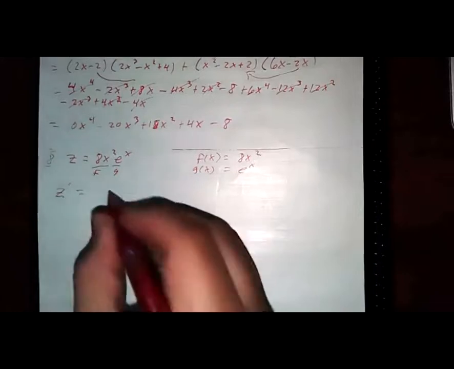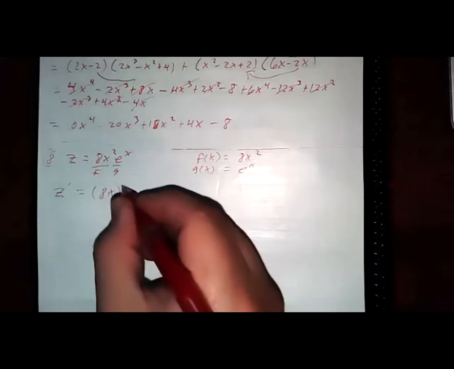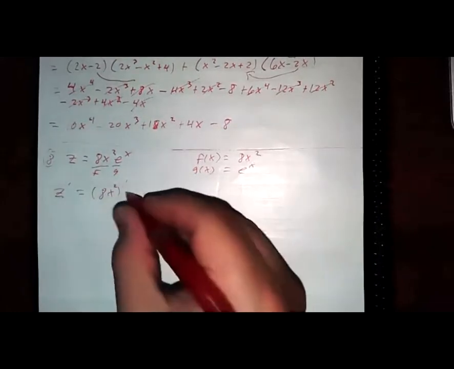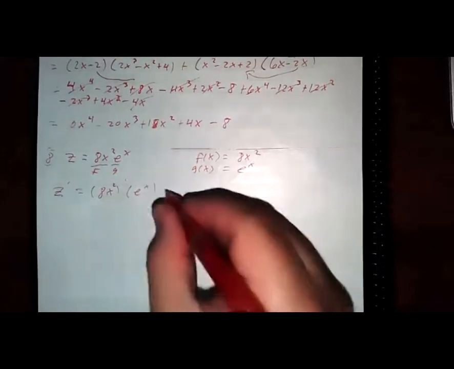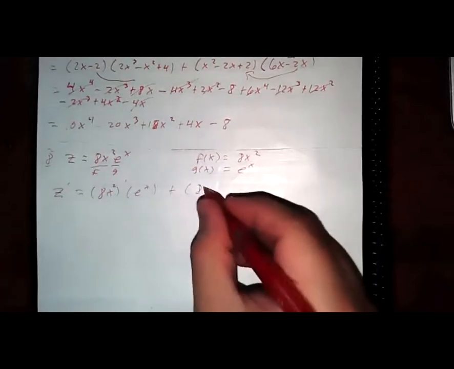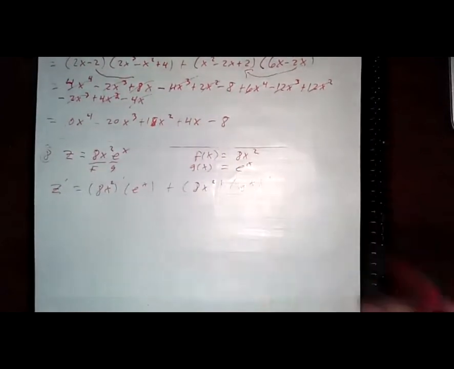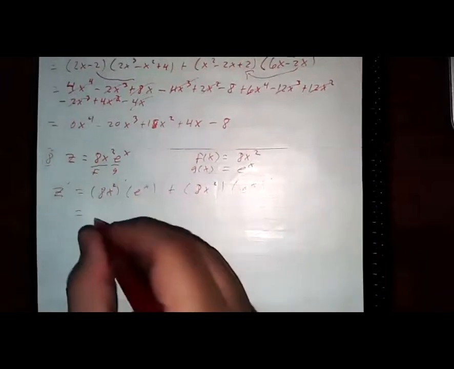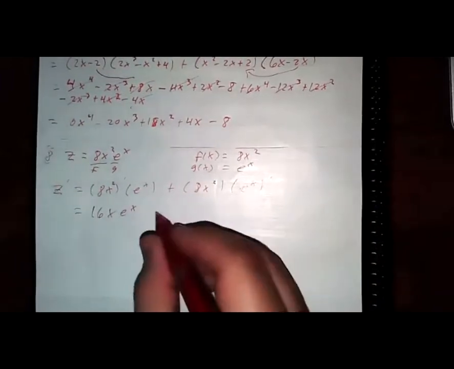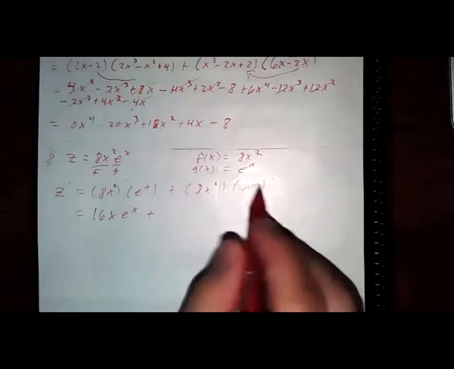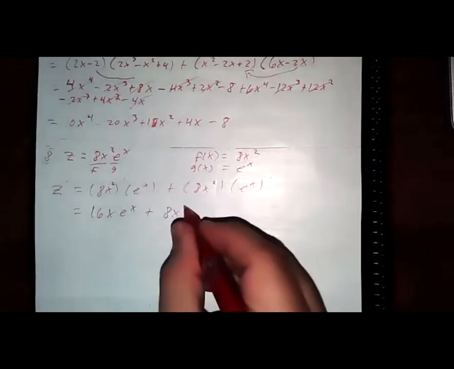So z prime is equal to the derivative of the first one times the second plus the first one times the derivative of the second one. So this derivative is going to be 16x e to the x plus, the derivative of e to the x stays the same, so we're just going to have this.